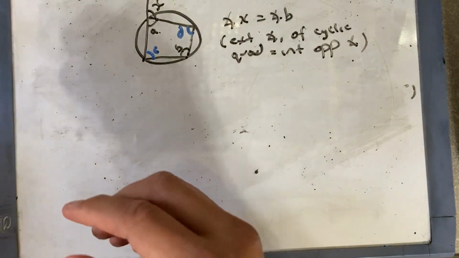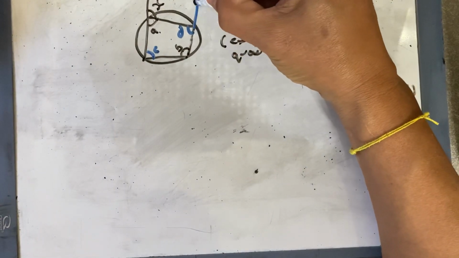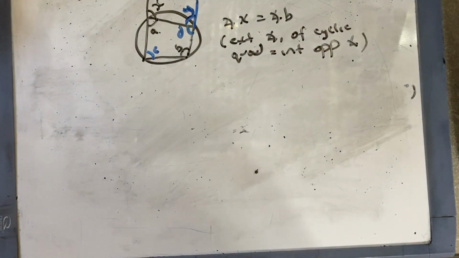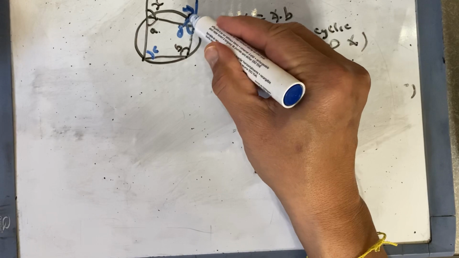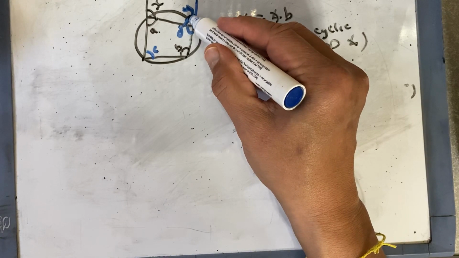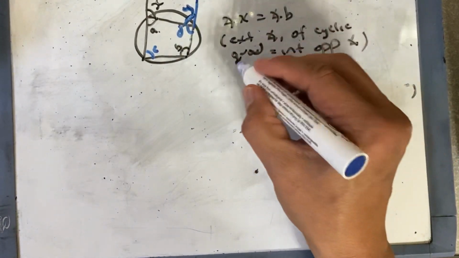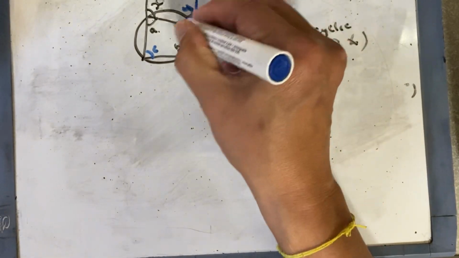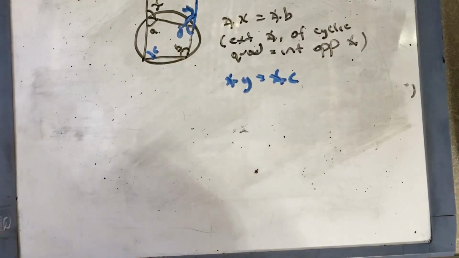So in other words, if I were to do another exterior angle, suppose this is Y, and Y is the exterior angle, it is the same as the one opposite it. So angle Y is equal to angle C.